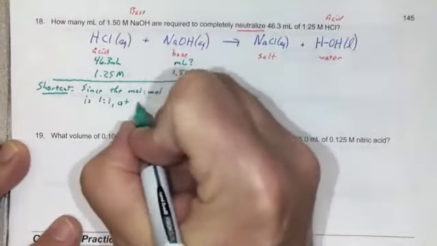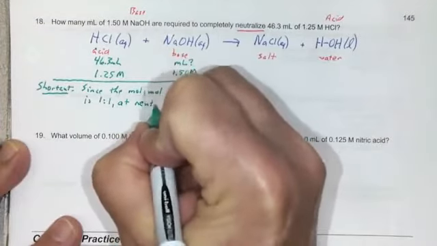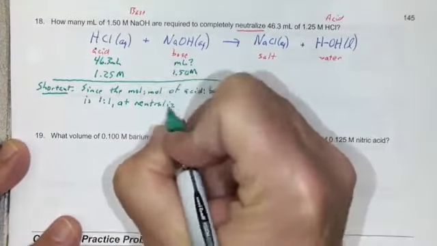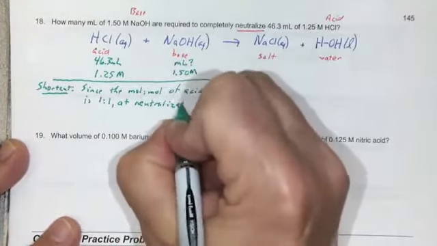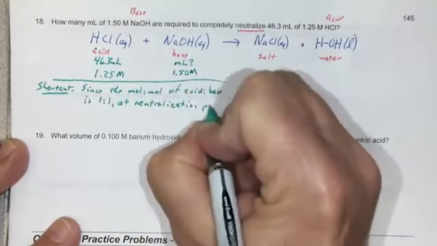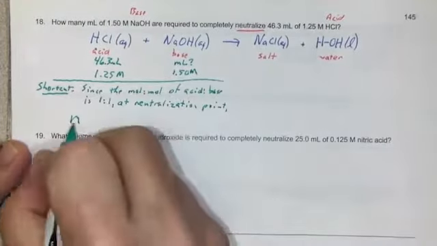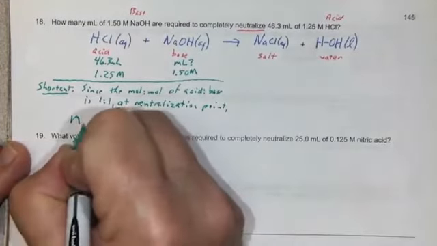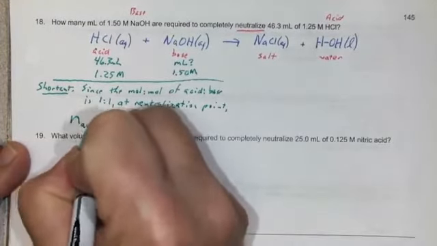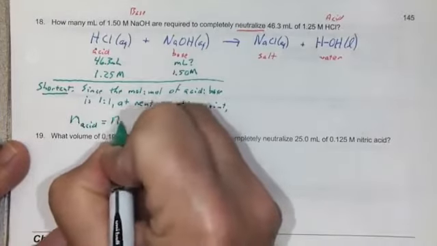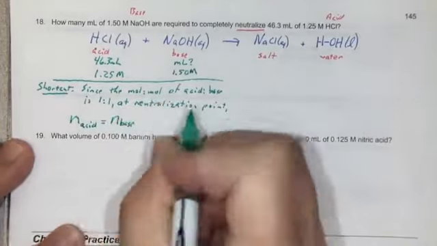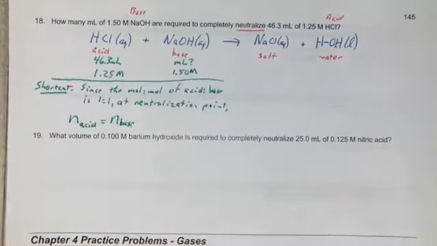At the neutralization point, that is at the point that this acid is completely neutralized, the number of moles, remember the little n stands for number of moles, of the acid is equal to the number of moles of the base. Because it's a 1 to 1 mole-to-mole ratio.